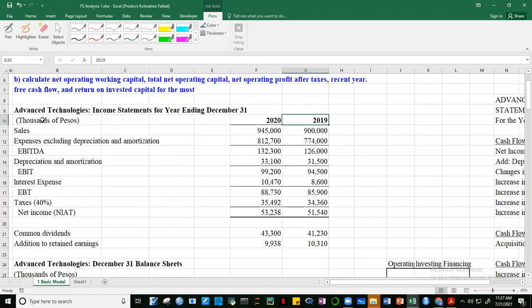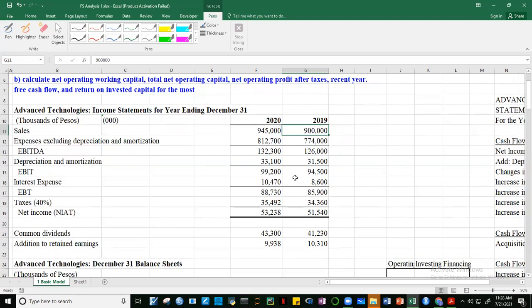And you notice, guys, that it states here, thousands of pesos. Or sometimes, makikita nyo ganyan, no? 000. Ibig sabihin in thousands. Okay. So in thousands. Either this one or this one. So this means this is 945 million. 900 million. But I'll just read it as thousands.